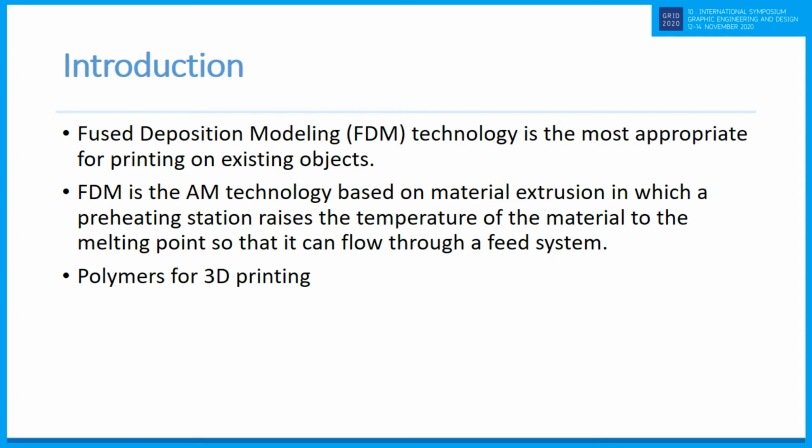The polymer is fed into the system in the form of a thread. The most frequently used polymers for 3D printing with FDM technology are PLA, ABS, PETG, PT, and others.